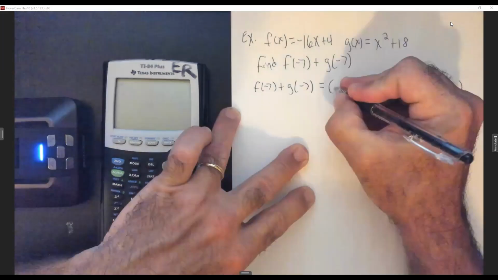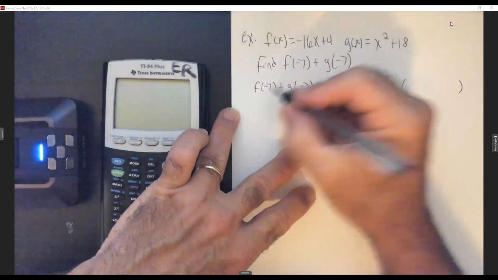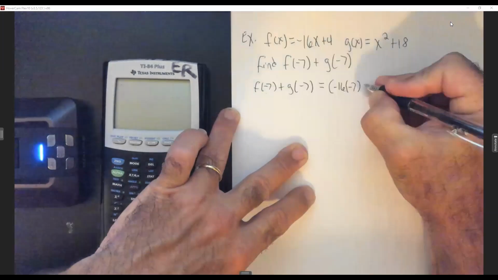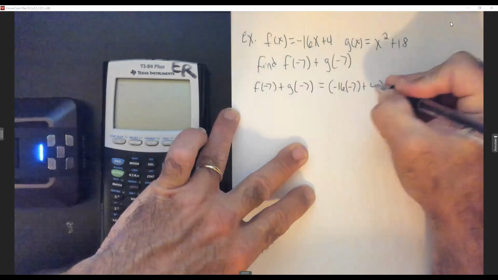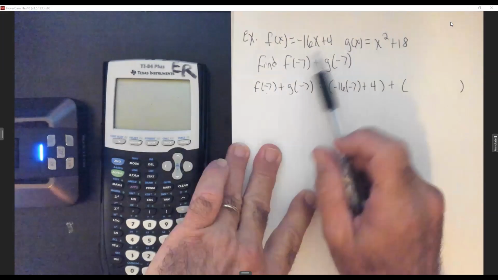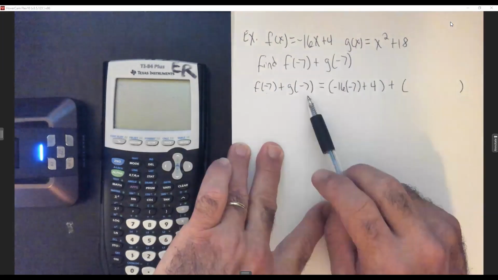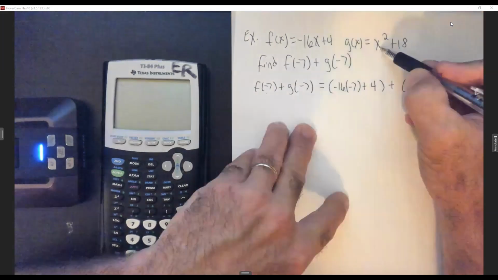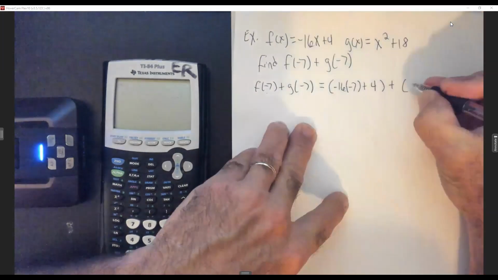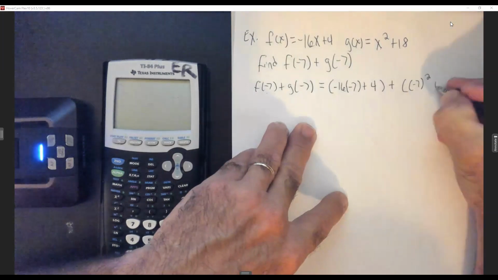So you're going to have negative 16 times x, which is negative 7, plus 4. So it still models the f of x, except now we got the negative 7 in for the x. And then the g of x also has a negative 7. So I'm going to replace that x squared with a negative 7 squared plus 18.